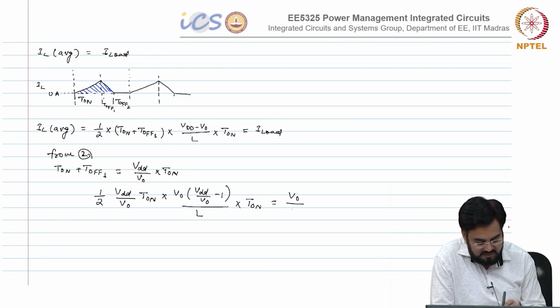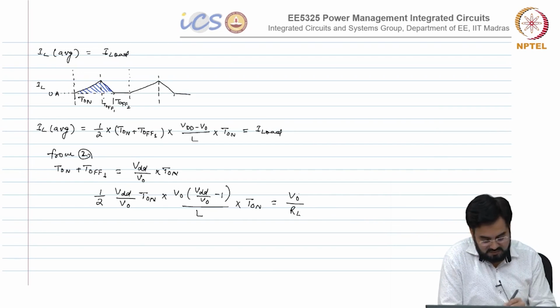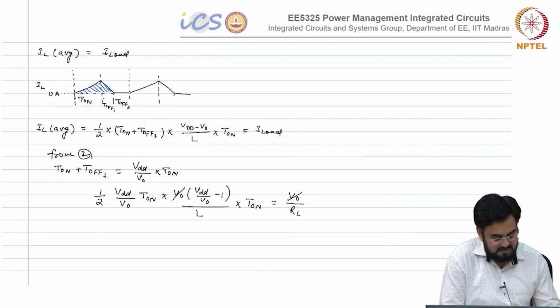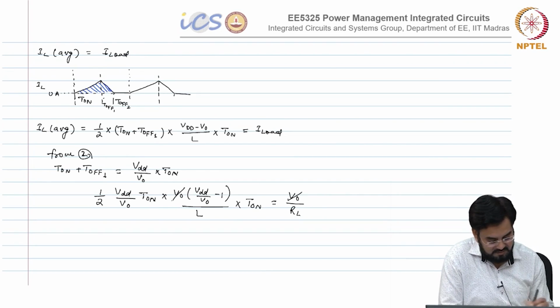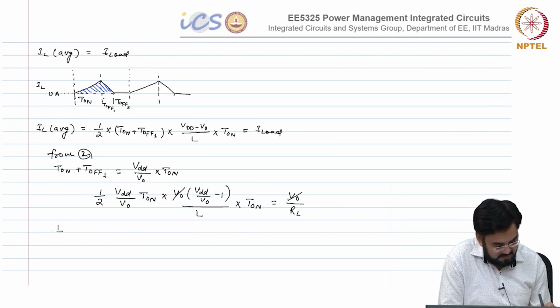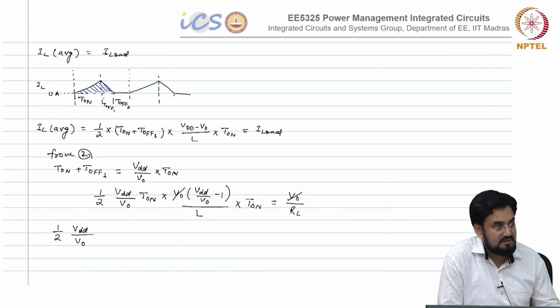V out over RL. So this guy will go away. Half of VDD minus V out. So now we have two T ons.